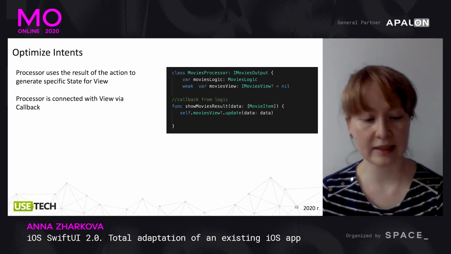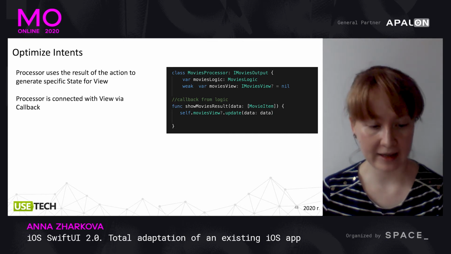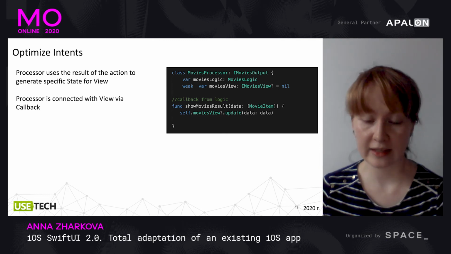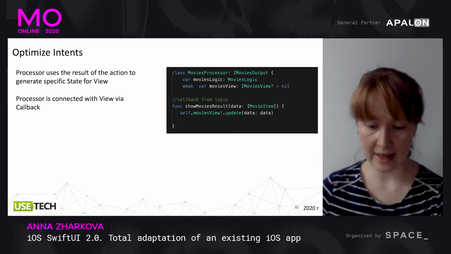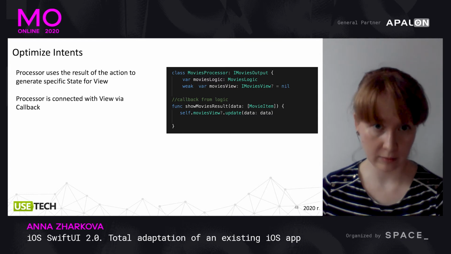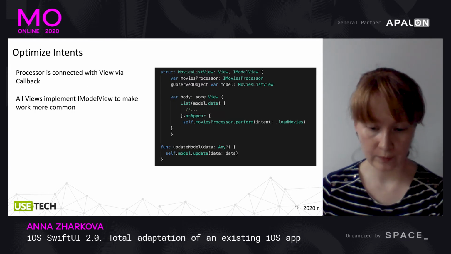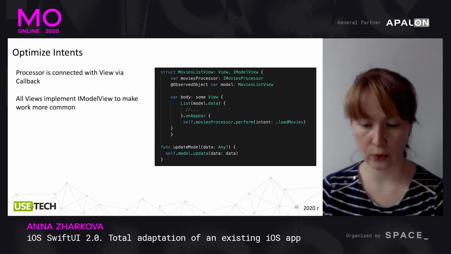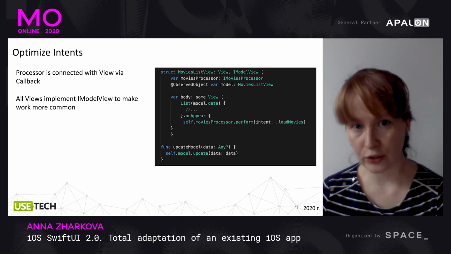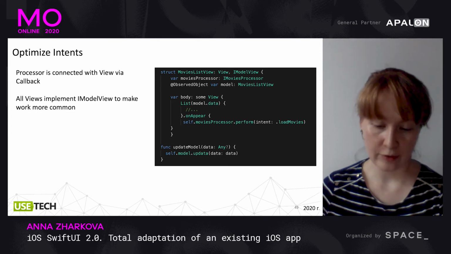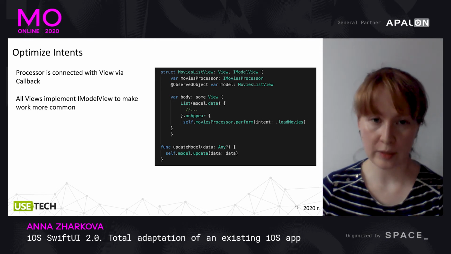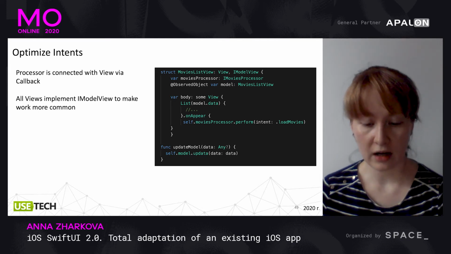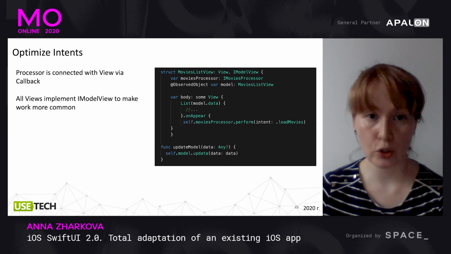I prefer to use a link for calling back from our processor. So the processor will keep the link to my view, and then I will receive my updates. So next, I will call the logic of the processor from my view. I also have a link to the processor, and I will call it in the onAppear lifecycle method. And when I receive the data, I will put all of it into my model.